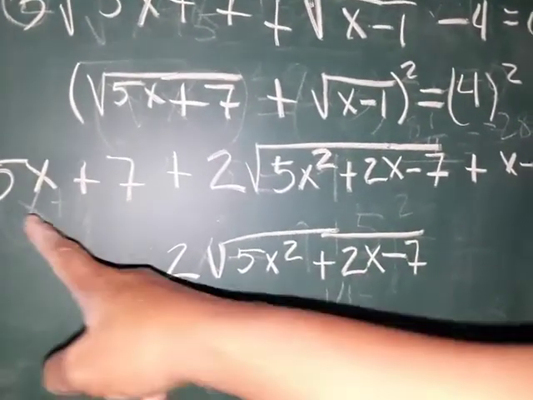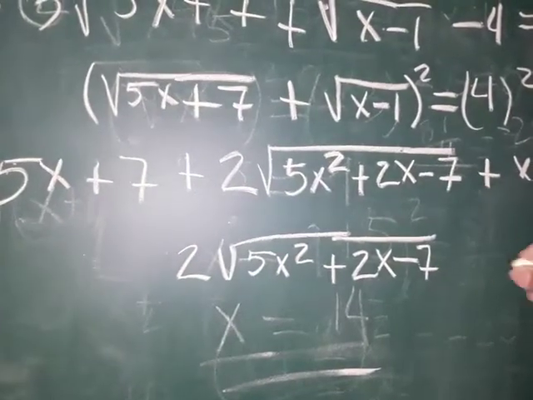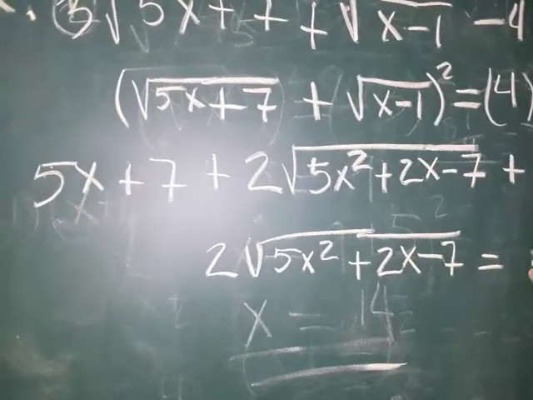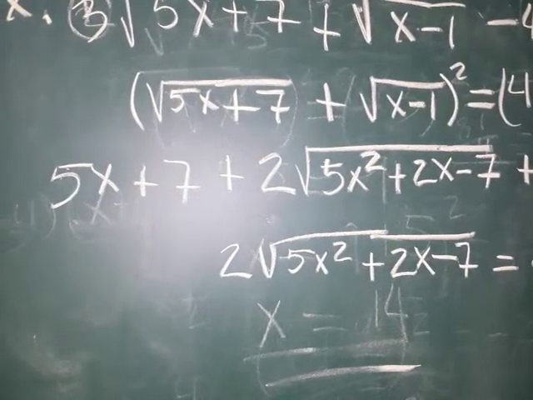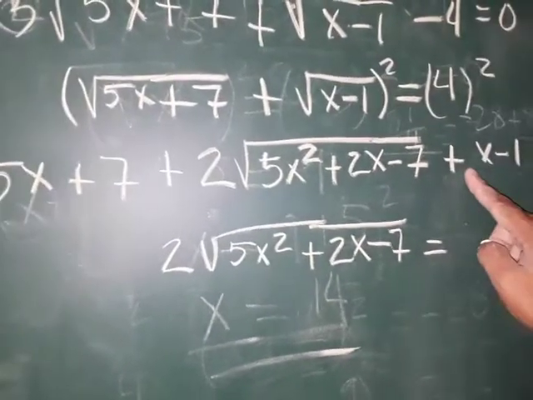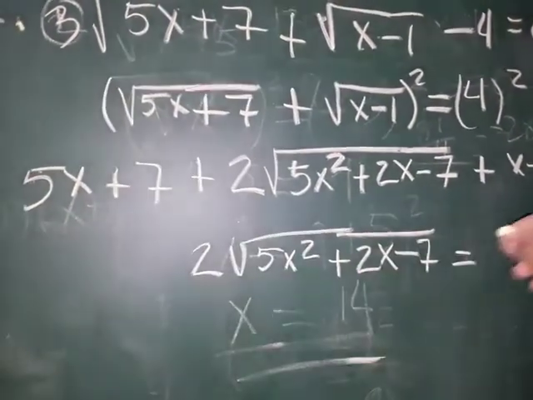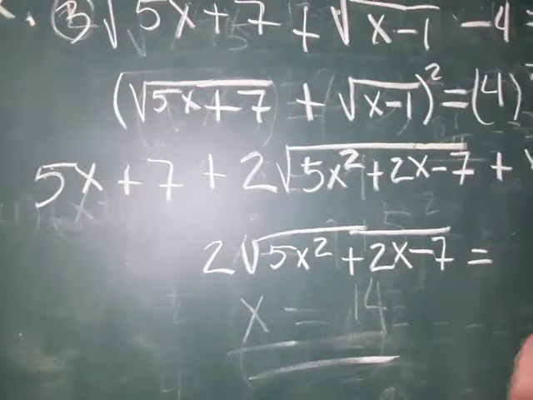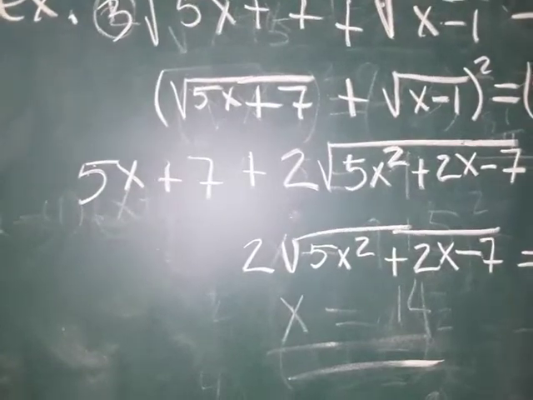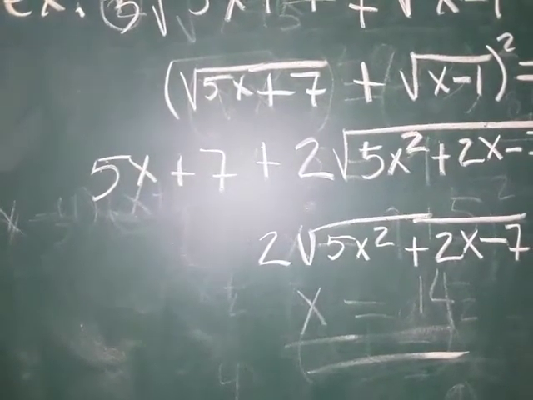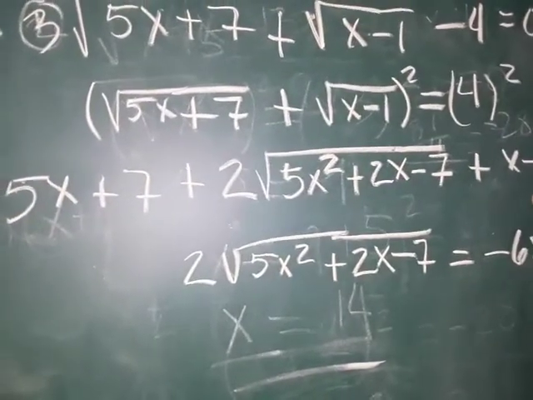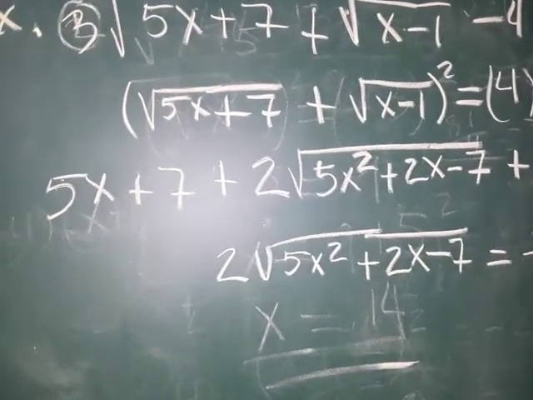Then next, combine all this. So is equal to, okay, we have positive x plus 5x equals 6x. So negative 6x, and then positive 7 minus 1 becomes positive 6.